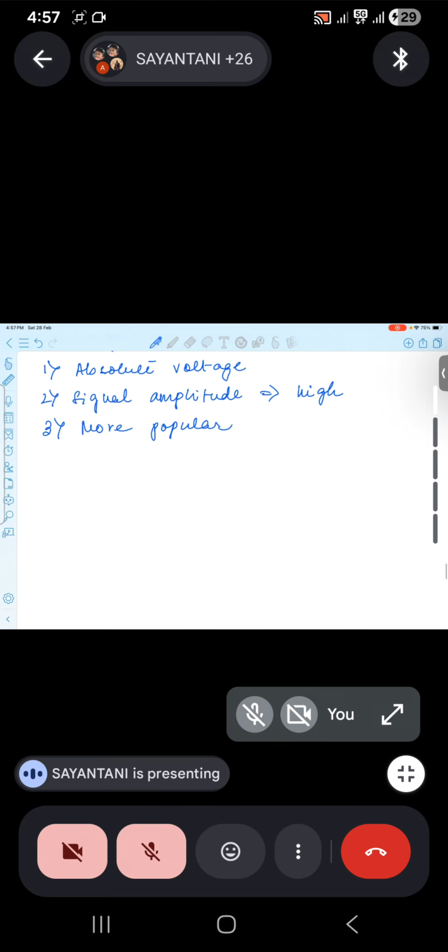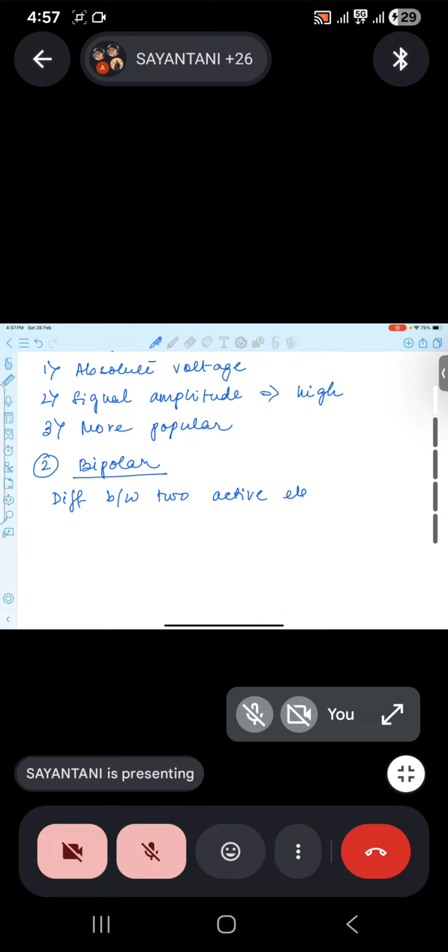The second category of EEG recording is bipolar. In bipolar, we try to record the difference between two active electrodes. So that means you have, say, electrode FP1 minus, say, CZ.